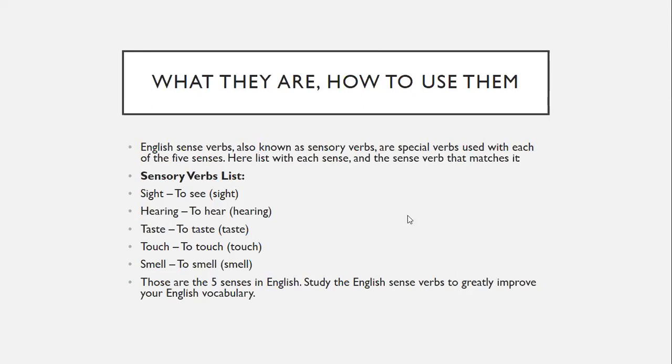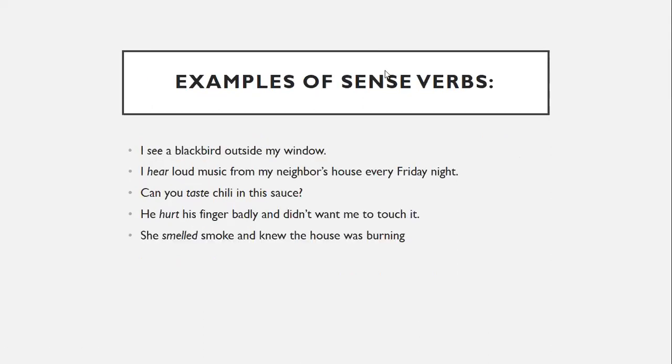Then when we talk about the senses, these are the possible contexts that you're going to find them. And here I have a few sentences with those particular verbs, right? The sense verb. I see a blackbird outside my window.